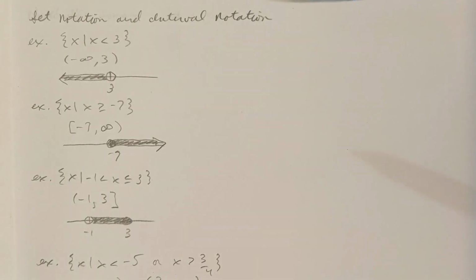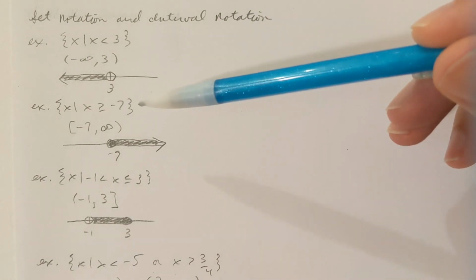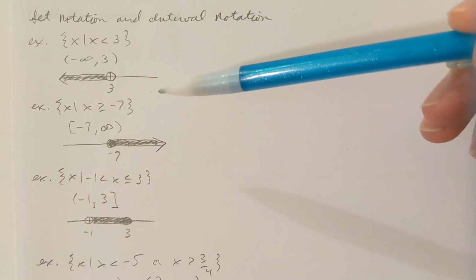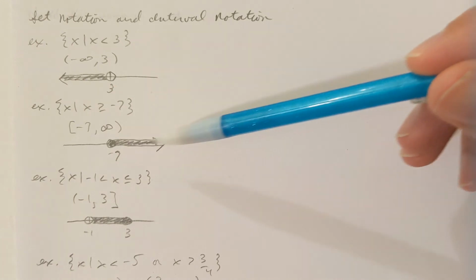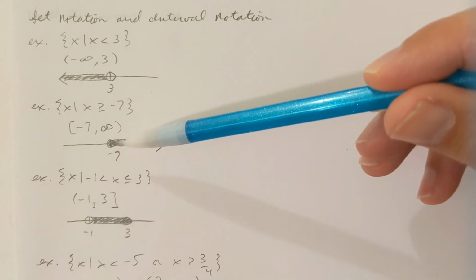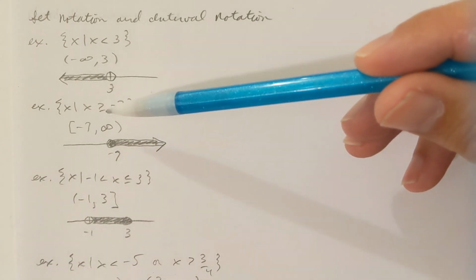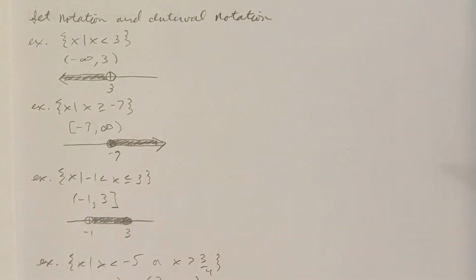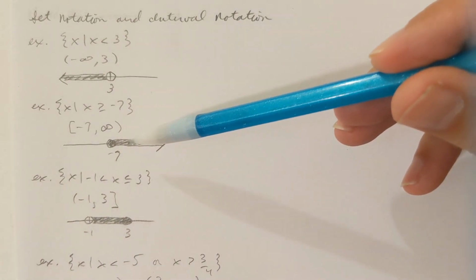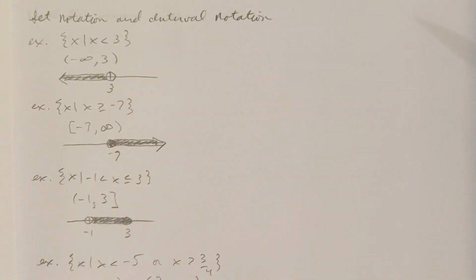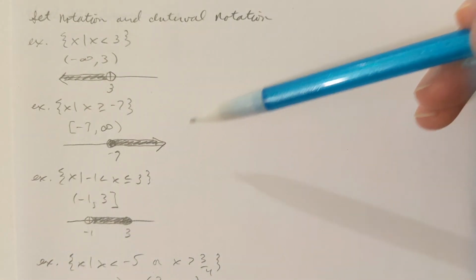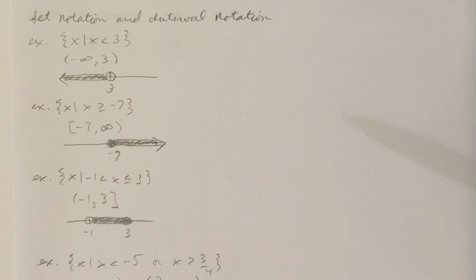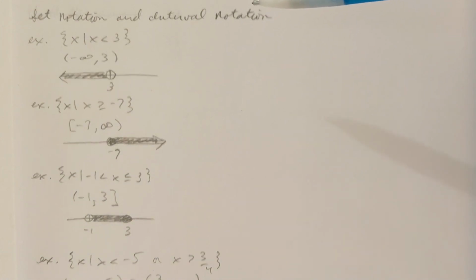Those are not numbers, so they will never have brackets by them. On the number line, here I'm at negative 7. I'm including negative 7, so I'd want to have a closed circle there, and include that number. And anything to the right of that number is also included.